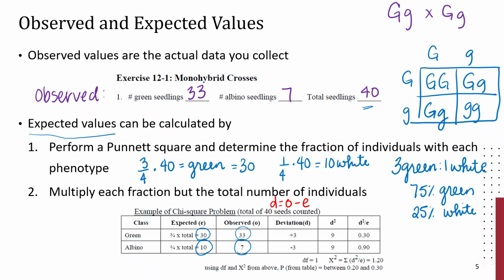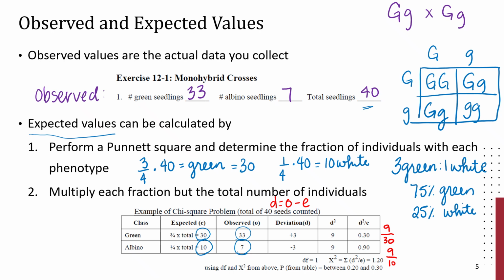Then we're going to calculate D squared over E. So for the first column, we're going to take our 9, our D squared, divided by E value of 30. And it's going to come out to 0.3. For our second column, we're going to take our d squared 9 divided by 10 to get 0.9.